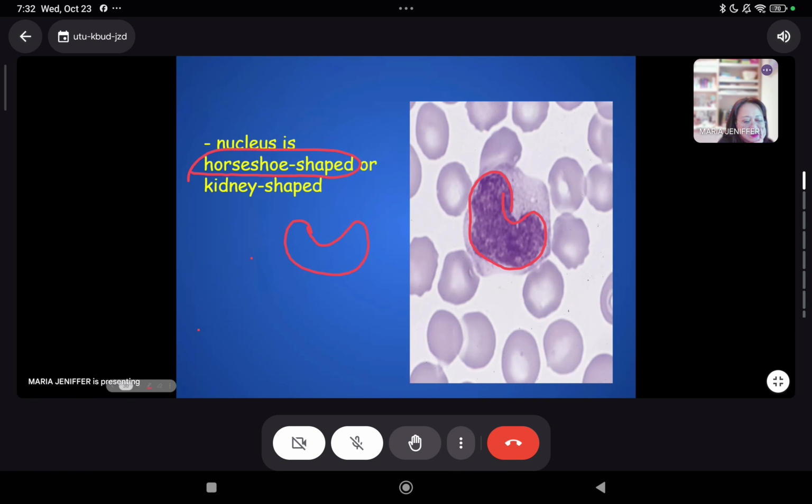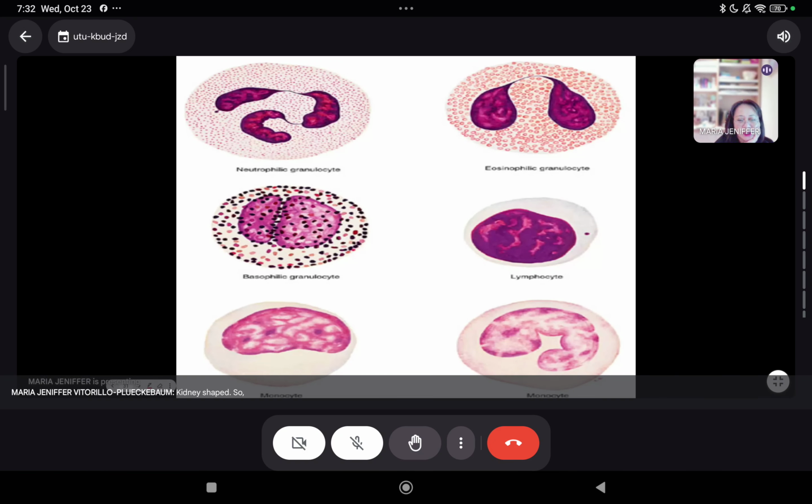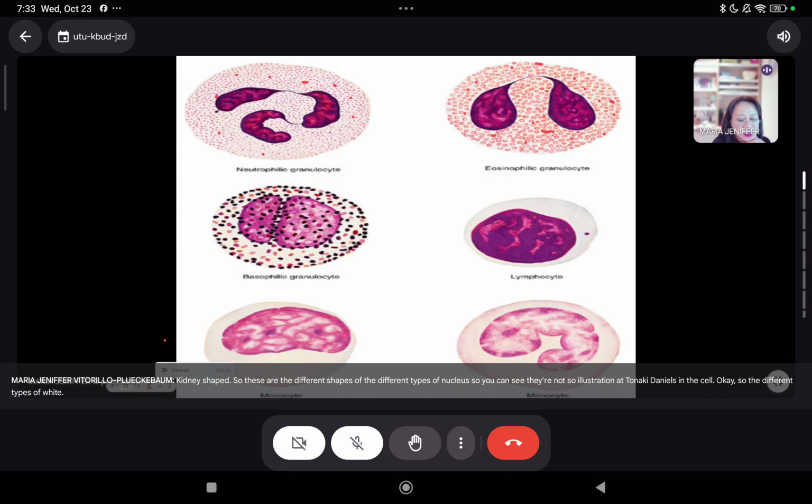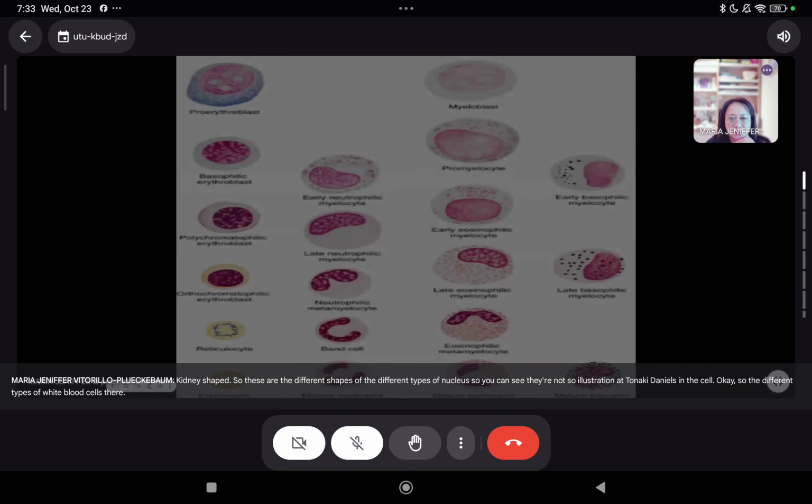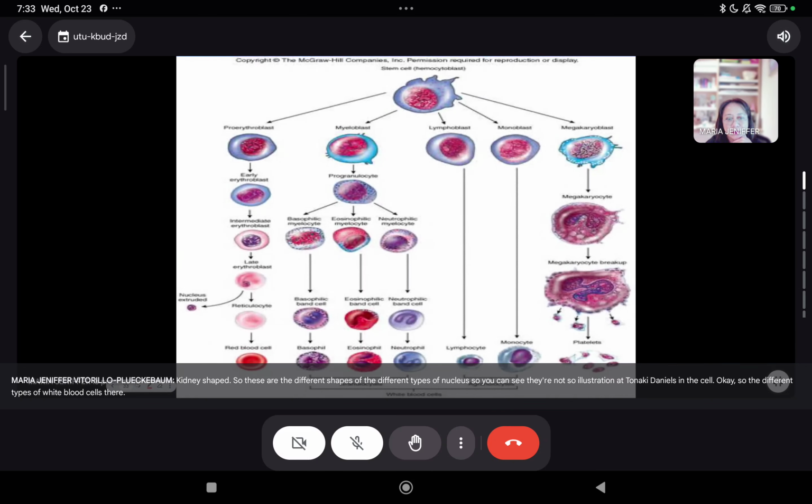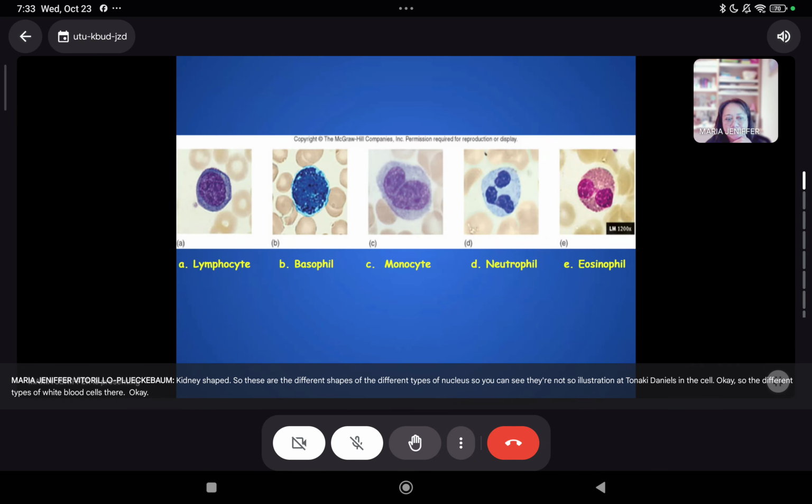Para din siyang kidney-shaped. So these are the different shapes of the different types of nucleus. So you can see there, no? Sa illustration na to, nakikita mo yung mga granules dyan. Those are the granules in the cell. Okay? So ito yung mga different types of white blood cells.